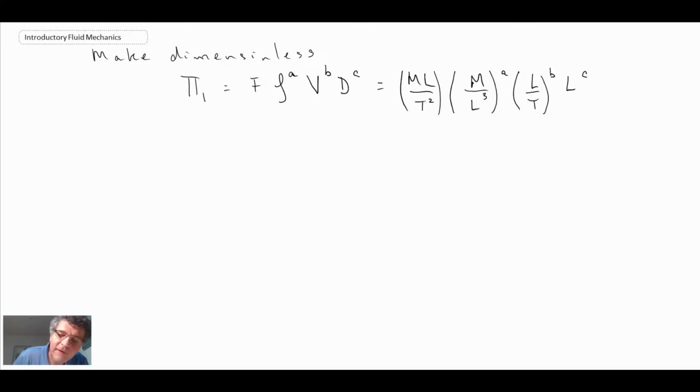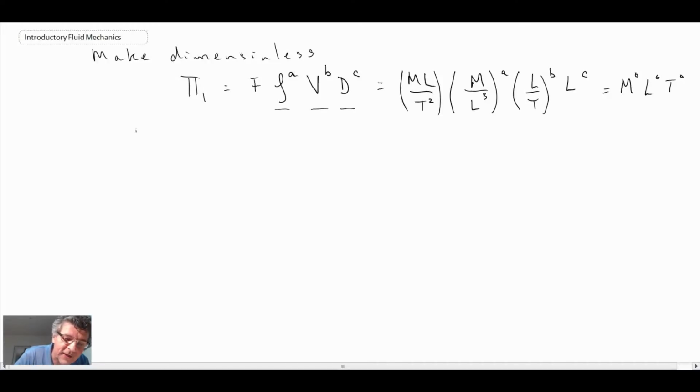So we have that, and we've raised it to powers a, b, and c. We want to equate this to mass, we want to have 0 dimensions, length, we want to have 0 dimensions, and time, we want to have 0 dimensions. So we're going to get 3 equations, 3 unknowns.